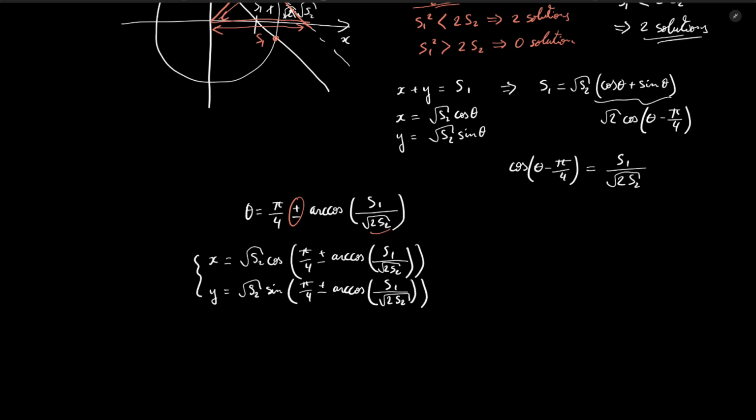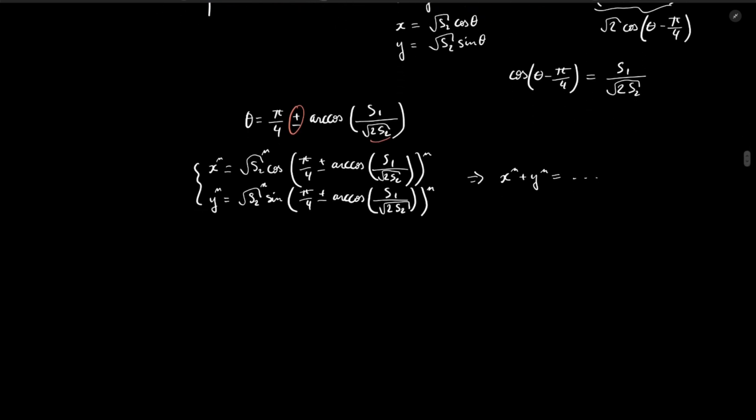So now we are basically done, because when we want to know x to the power of n plus y to the power of n, we just have to raise this to the power of n here and there, and we can simply write x to the power of n plus y to the power of n equal, and we have our formula.